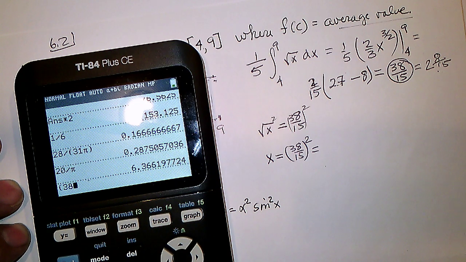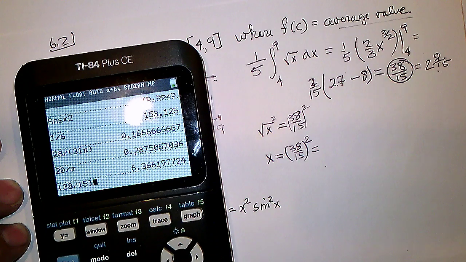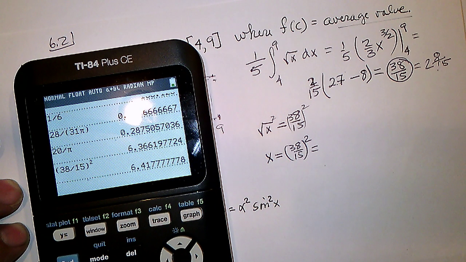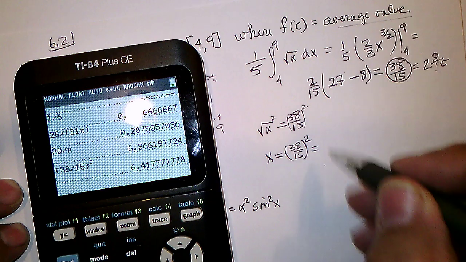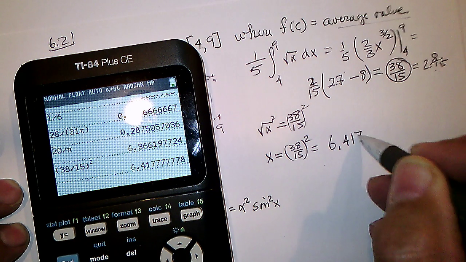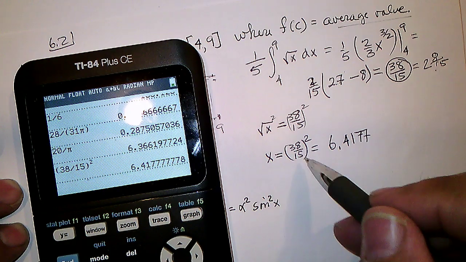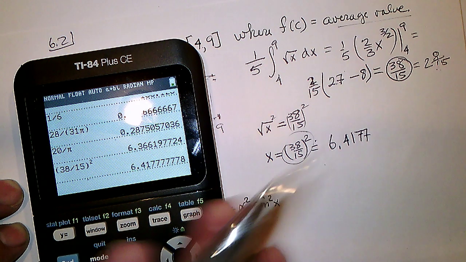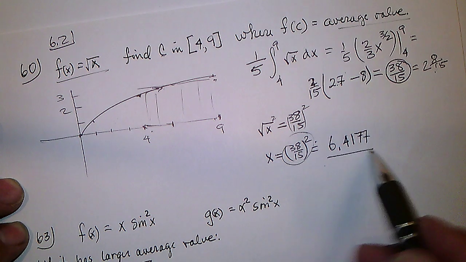Parenthesis 38 divided by 15, close parenthesis, squared. 6.417, approximately. The exact value is this, but here's the approximate value.